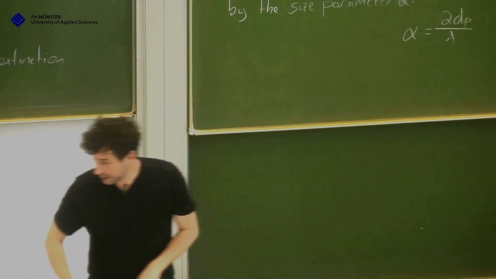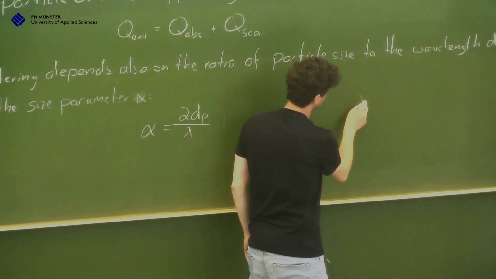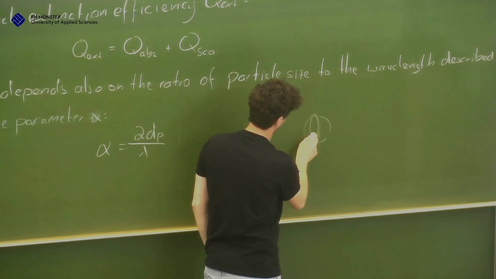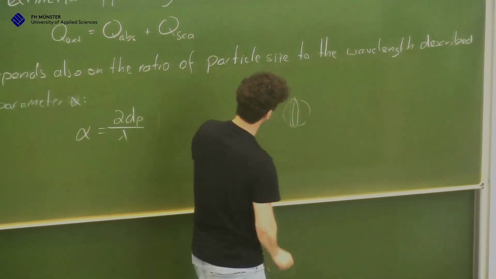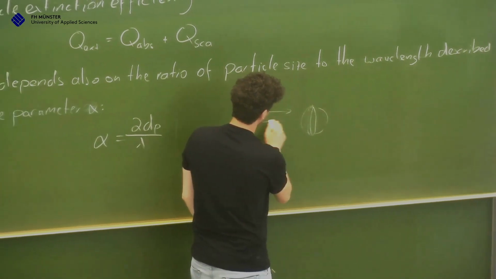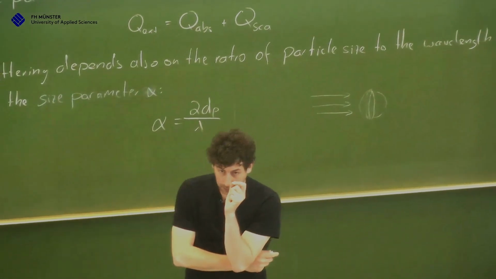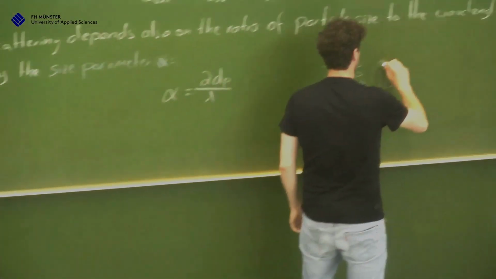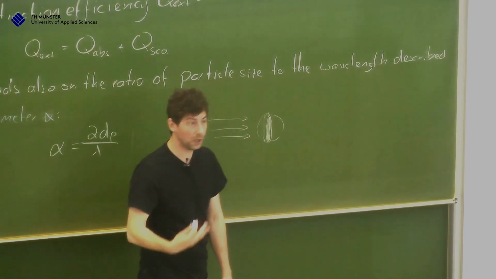So this means that if I have a particle here like this, and light goes in, it not only takes out this amount of light, it takes out more light.